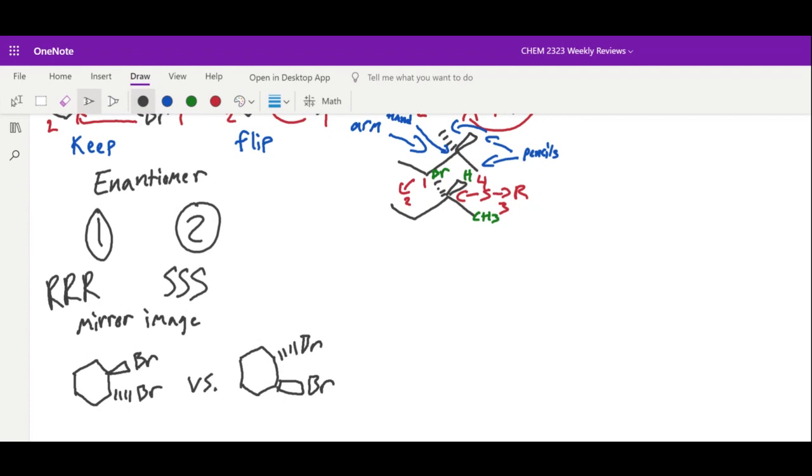Okay, so notice how it looks like a mirror image, or it's like flipping over. If you put a mirror right here, and you flip it on that side, you should get this image right here. All right, so that's an enantiomer.